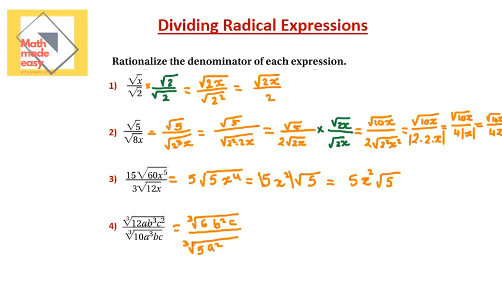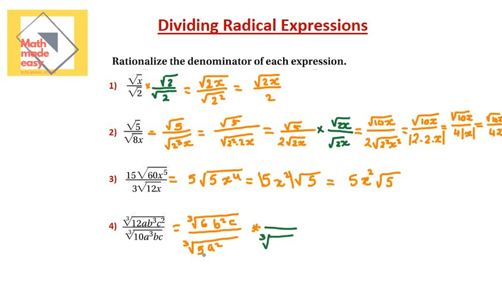If I check, I will find that for the denominator, none of them is a perfect cube, and it cannot even be broken into a perfect cube. So I need to rationalize. What I need to do now is actually rationalizing. I'm going to rationalize by multiplying both numerator and denominator by whatever makes this a perfect cube.